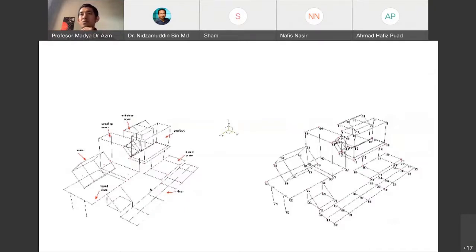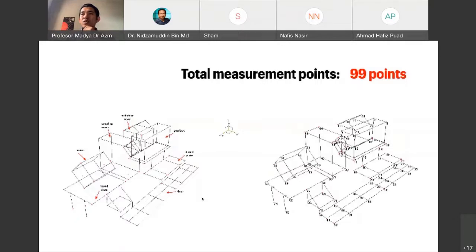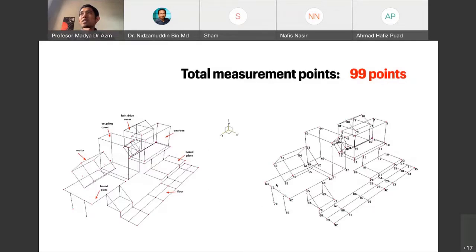Okay, so here we designed the measurement points. We took measurements at 99 points, and each point has 3 directions: X, Y, and Z. So imagine how many measurements we have.